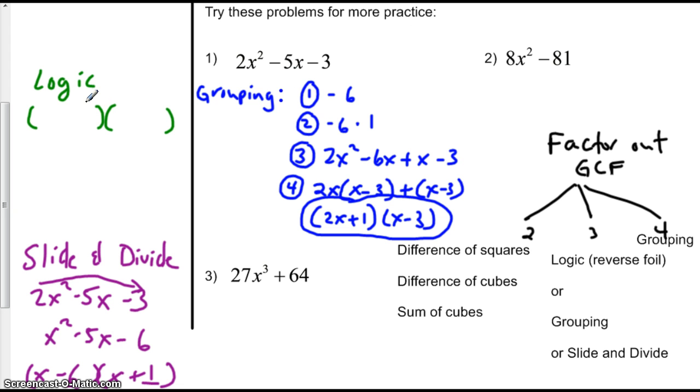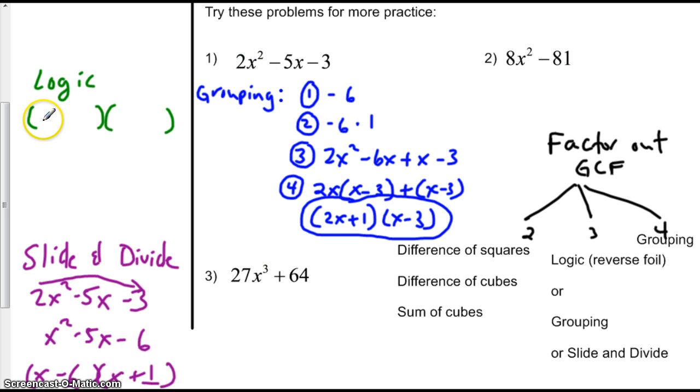And logic works really well when you have prime numbers as your A and your C. It works all the time, but it's definitely easiest when there's prime numbers. So remember, it's called reverse FOIL, and you're going to look at how would you break down this first term.